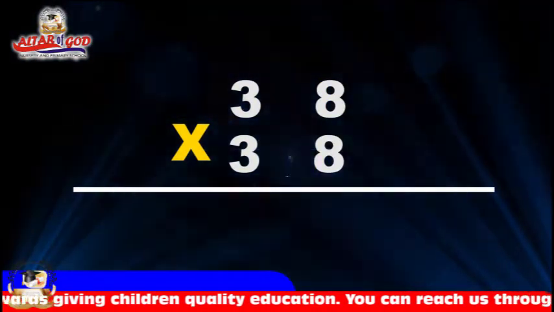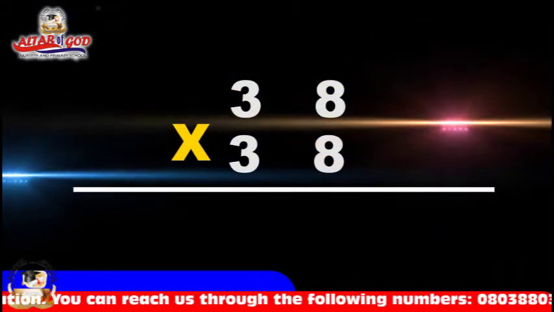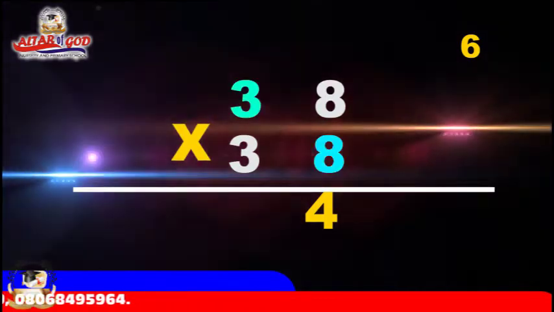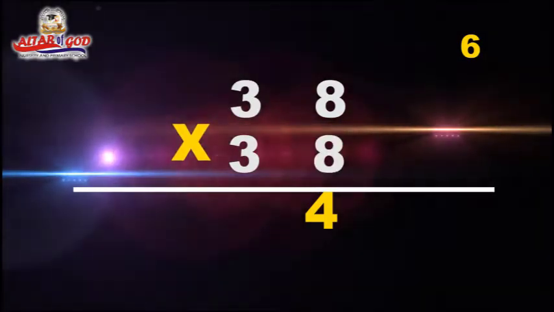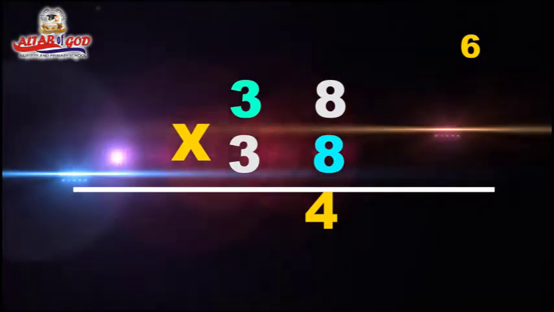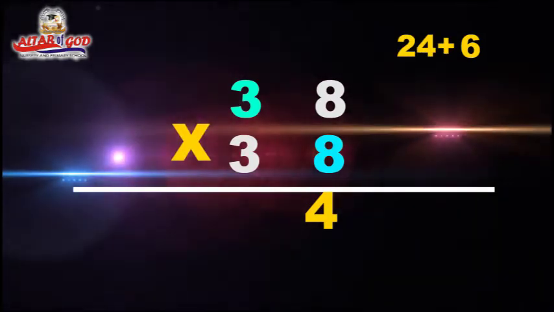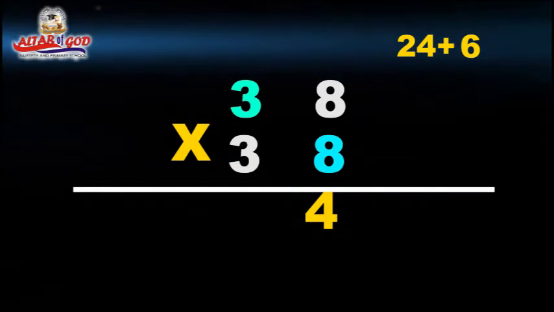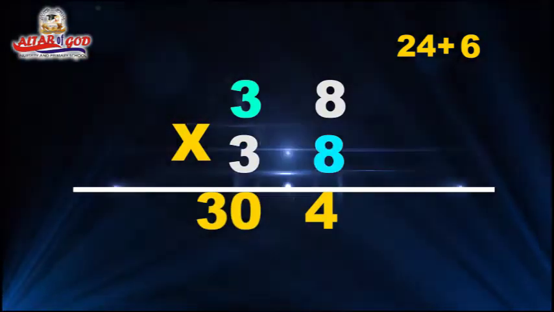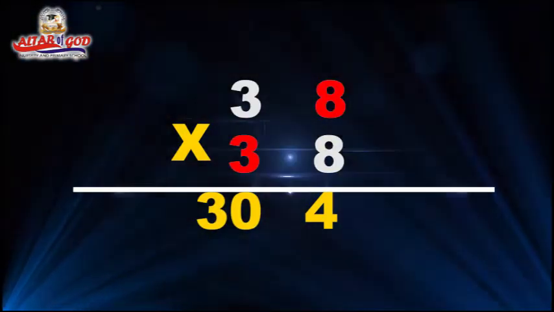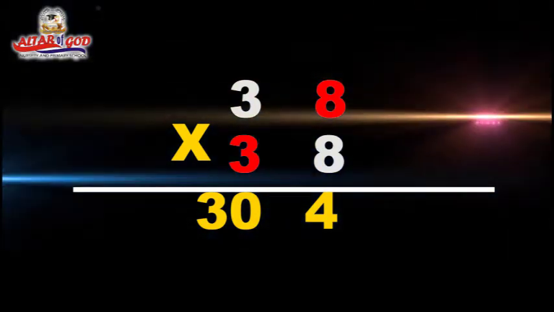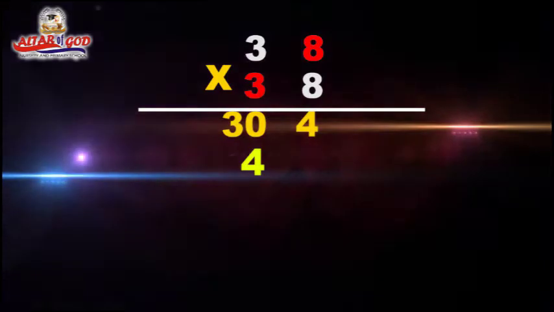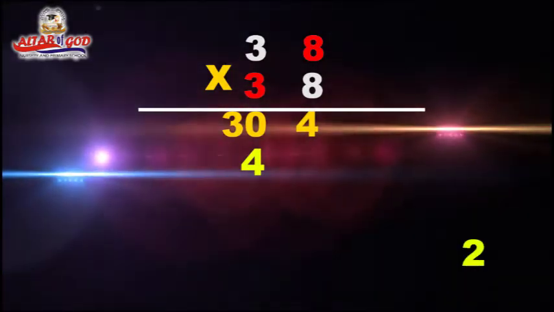8 times 8, which is 64. You write your 4, you carry 6. Then 8 times 3, that is 24. 24 plus 6, that is 30. Then you write the 30. 3 times 8, that is 24. Then you write your 4, you carry your 2.